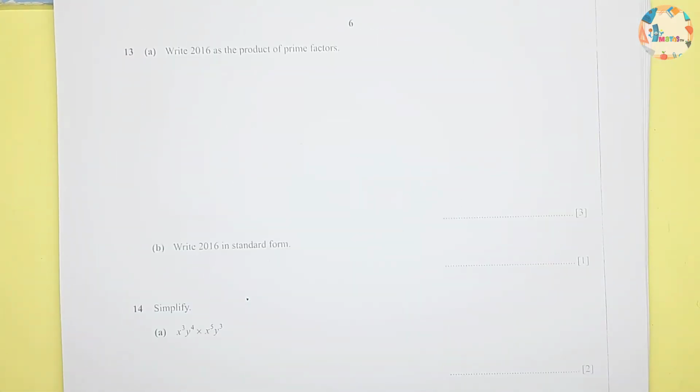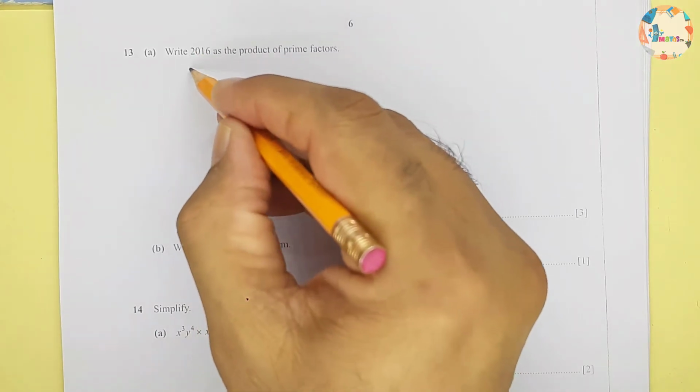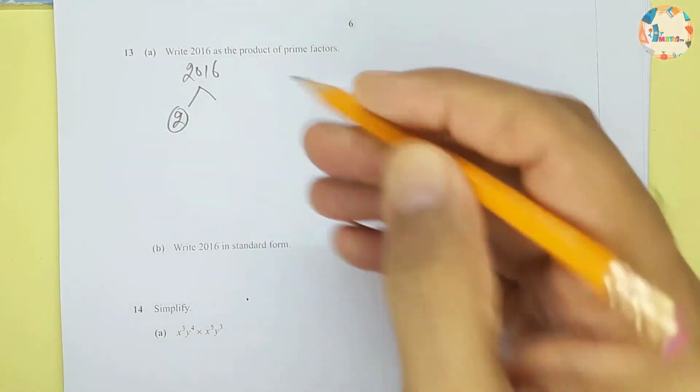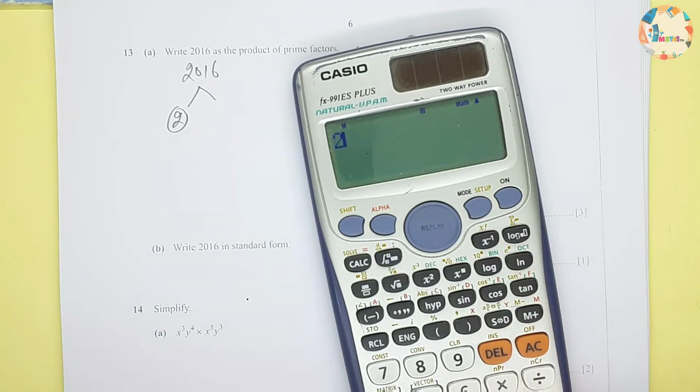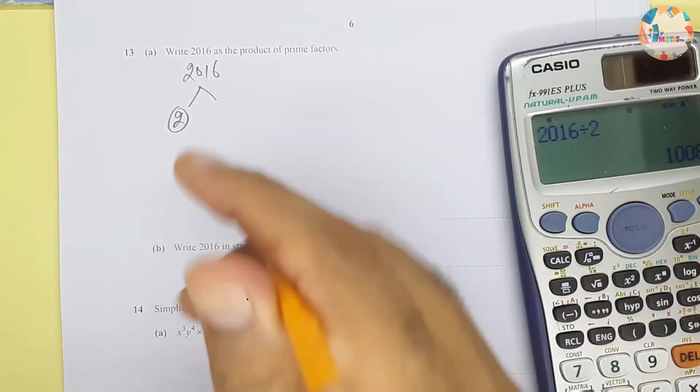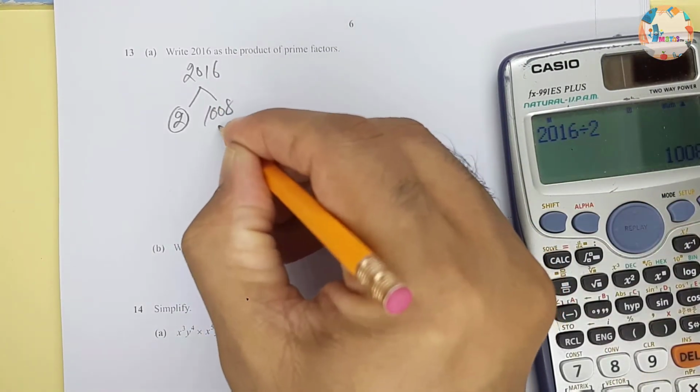Now question number 13. Write 2016 as the product of prime factors. So 2016 divided by 2 will be equal to 1008.